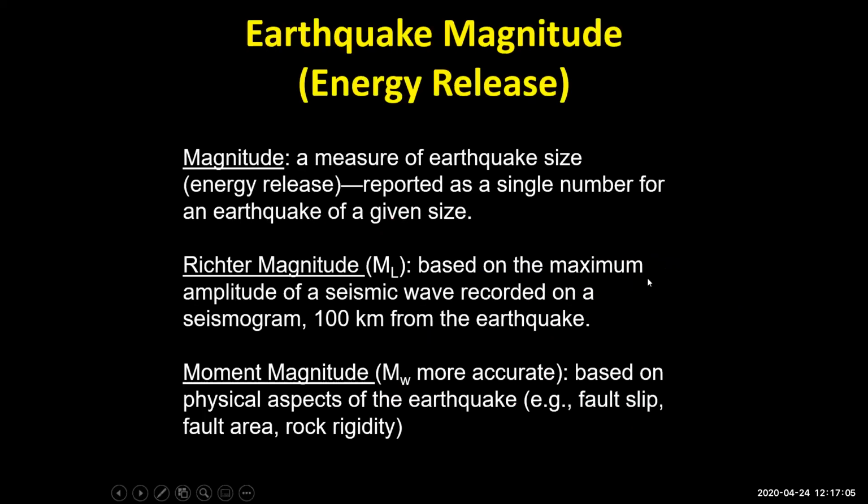Okay, now we're going to move on to a new concept, and that is how we measure the size of earthquakes. This is with a measurement known as earthquake magnitude. And it essentially refers to the amount of energy released during the earthquake. The important thing about earthquake magnitude is it's reported as a single number for any particular earthquake. It doesn't matter how far away we are from that earthquake, the magnitude is always going to be the same.